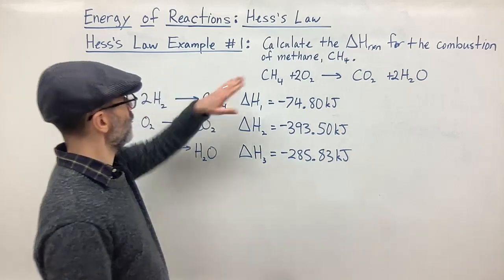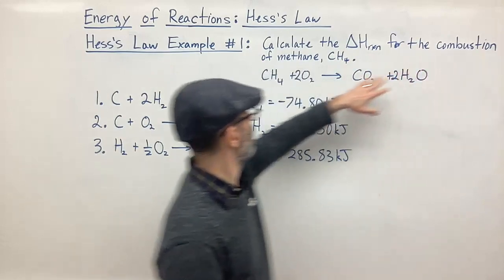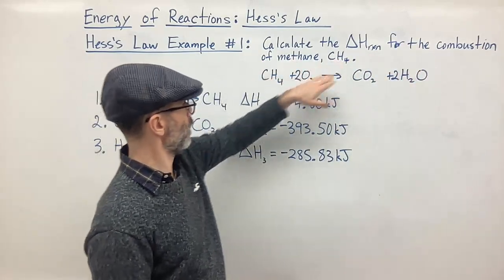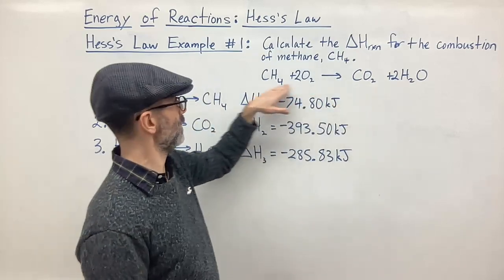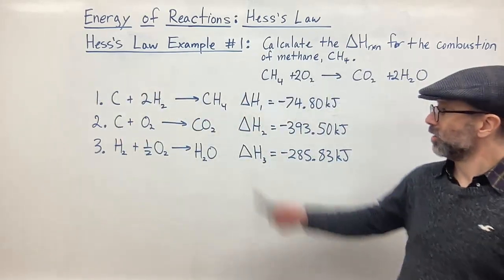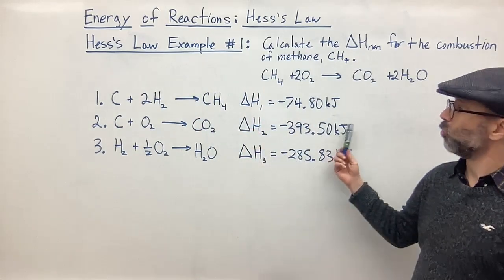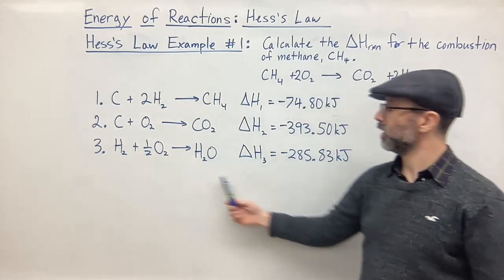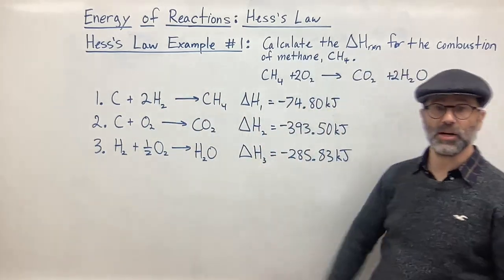So our problem here is to calculate the delta H of reaction for the combustion of methane, CH4, and here is the combustion reaction. So we want to find the delta H of this reaction, but what we're given are these 3 reactions here with their delta H's. So we need to figure out how we're going to use these to get this reaction here.